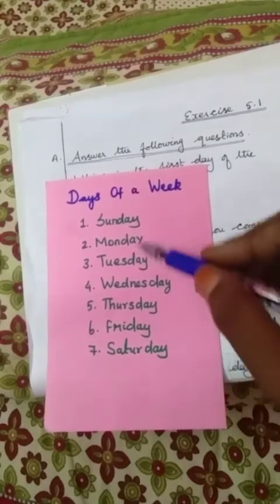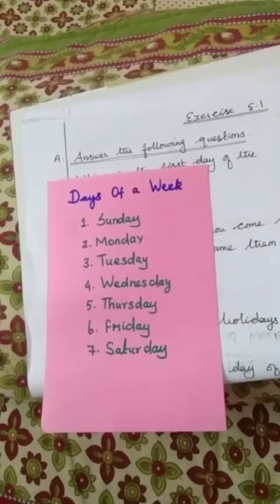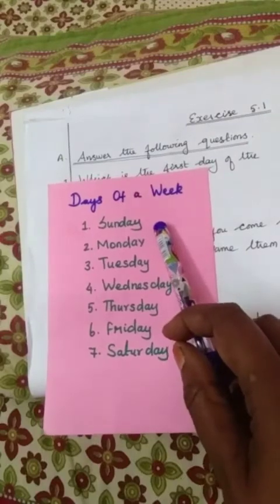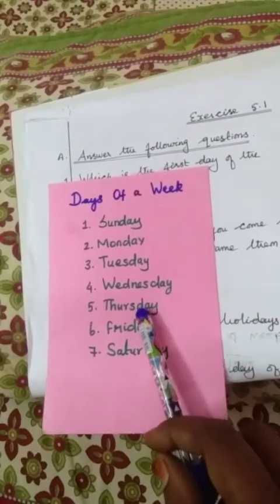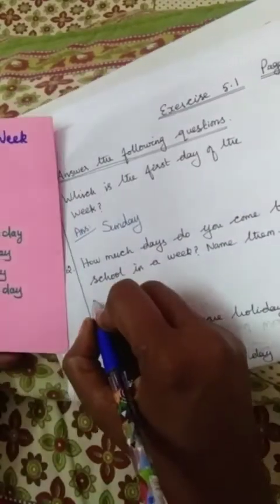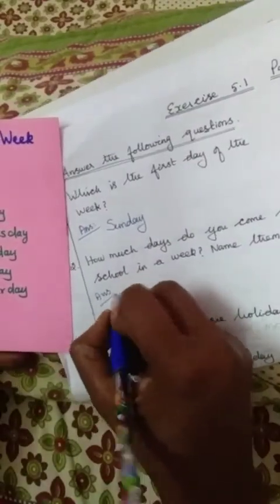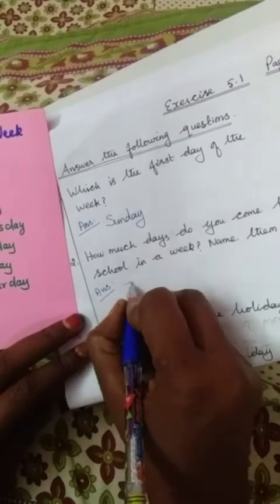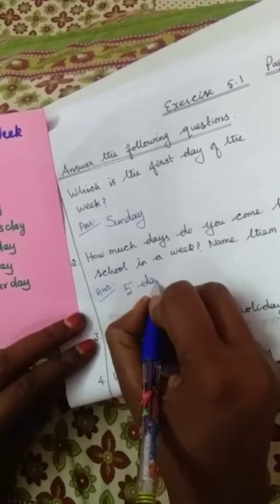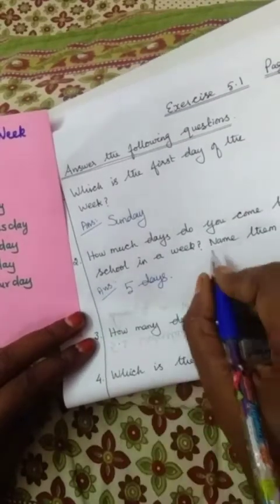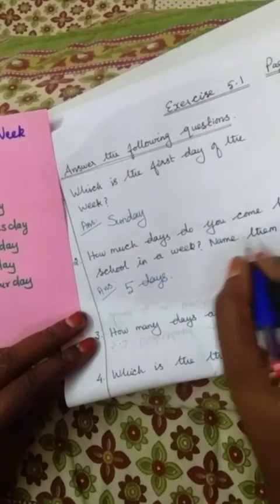5 days. Saturday and Sunday are holidays for you. So how many days? Monday, Tuesday, Wednesday, Thursday, Friday. 5 days. So the answer is, you are coming to school for 5 days. And they are asking, name them. What are the days?